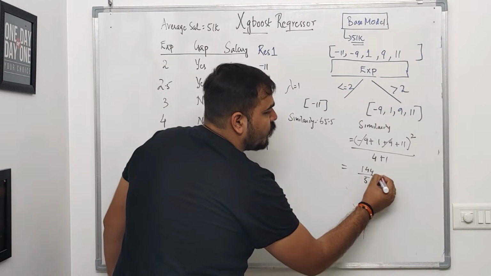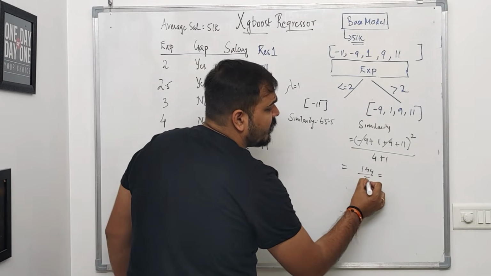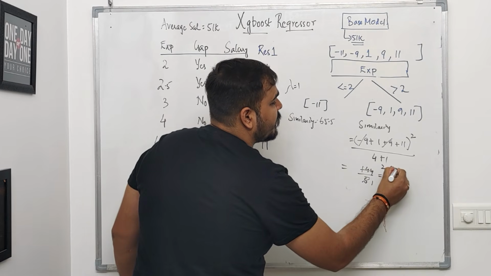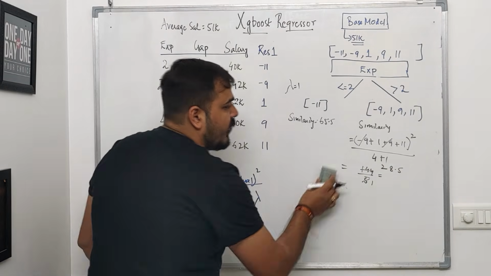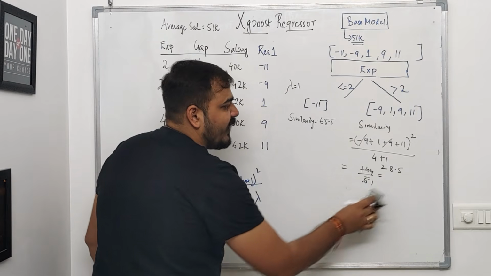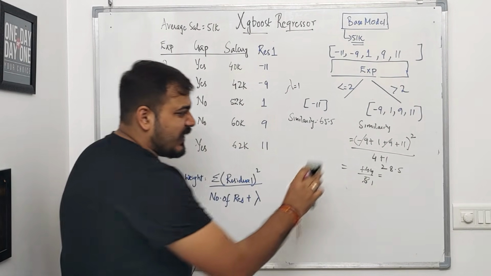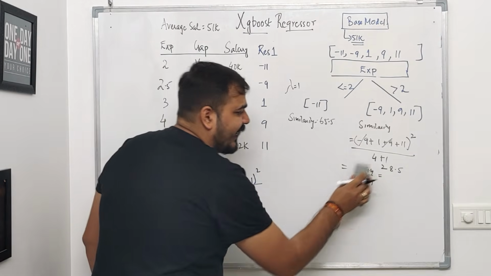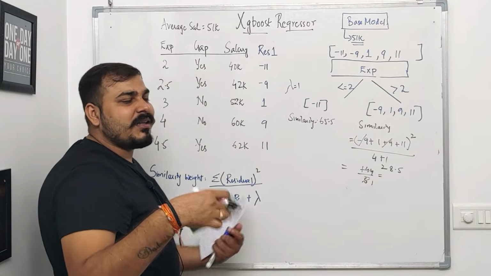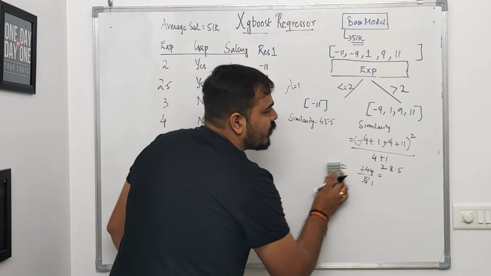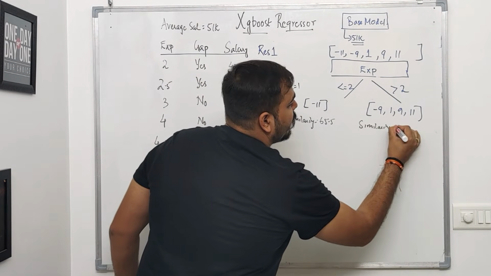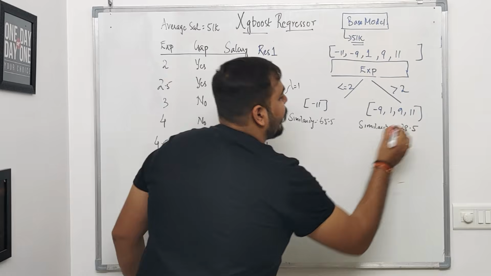So 5 1s are 5, 5 2s are 10, then 5 8s are 40, so 28.8. So I will get this similarity weight as 28.8. If there is a little bit of mistake, don't worry, just calculate the similarity weight. If it is coming as some other value, you can let me know in the description. So I'm just going to write it here.